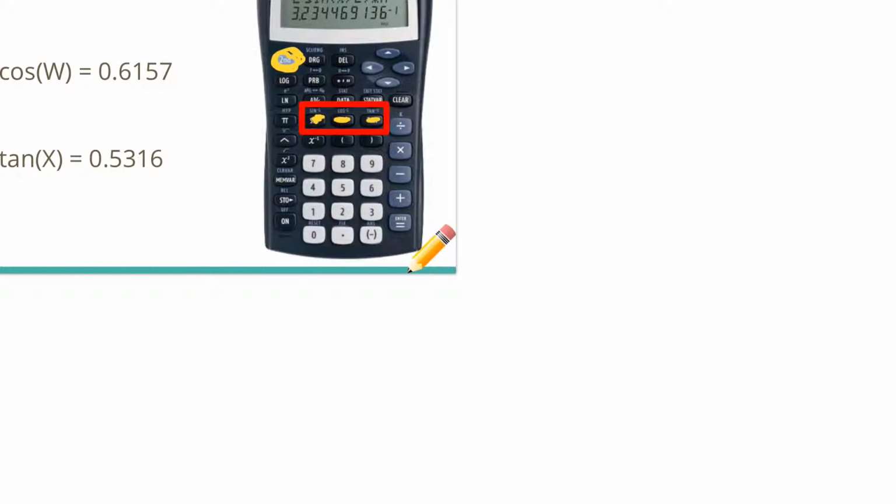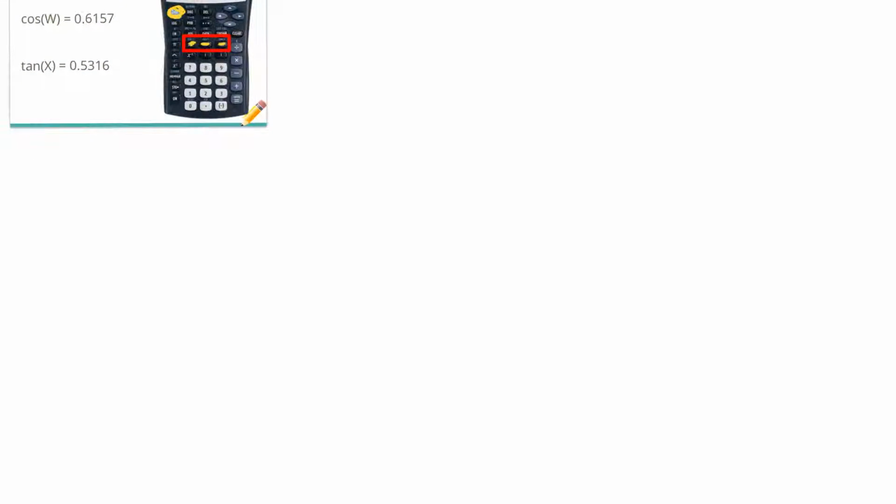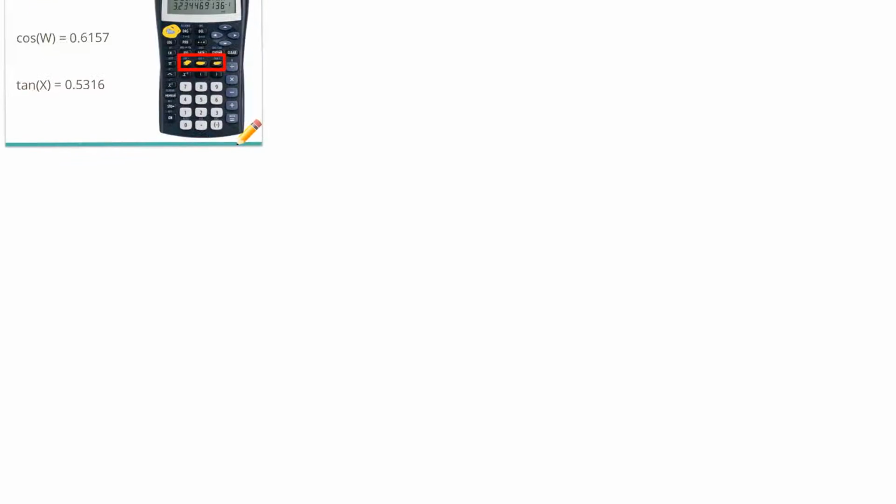Let's go through what this means. Sine of b, let's do that one first. Sine of b equals 0.4848. Now, how can I get rid of that sine right there? You do inverse sine of this. Let me write it all over again.